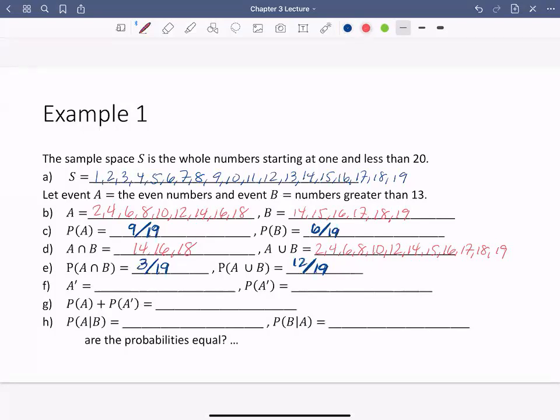So those values are 1, 3, 5, 7, 9, 11, 13, 15, 17, and 19. So now what's the probability of the complement of A? We had how many? 1, 2, 3, 4, 5, 6, 7, 8, 9, 10. So there's 10 divided by 19.